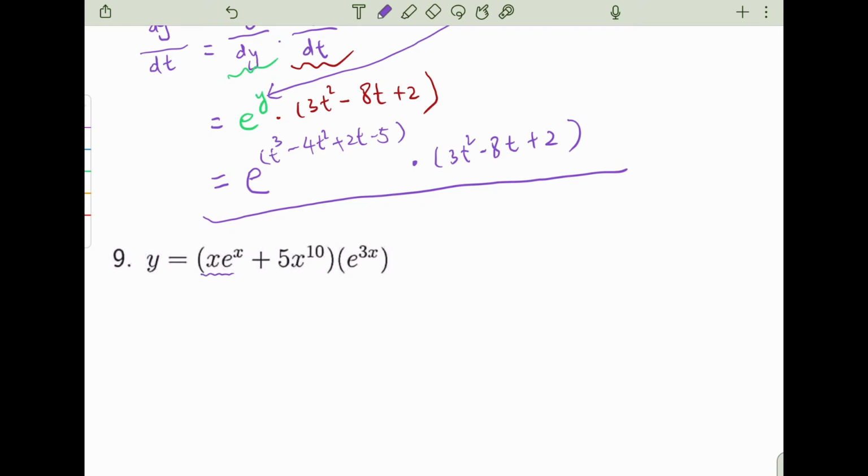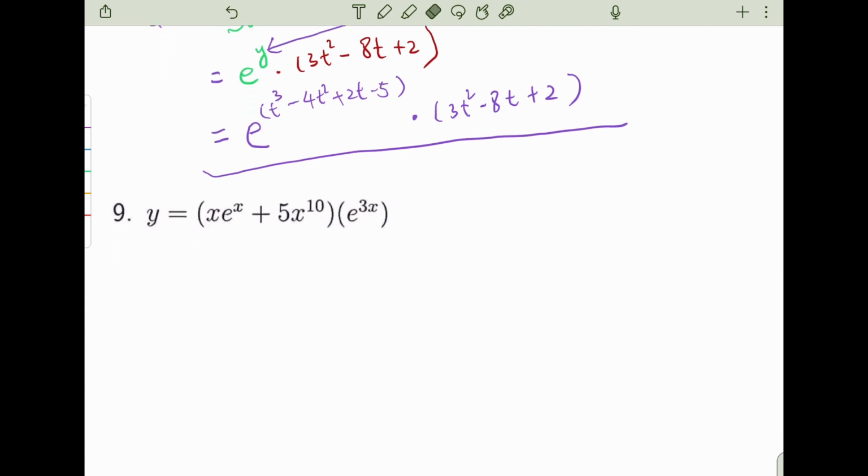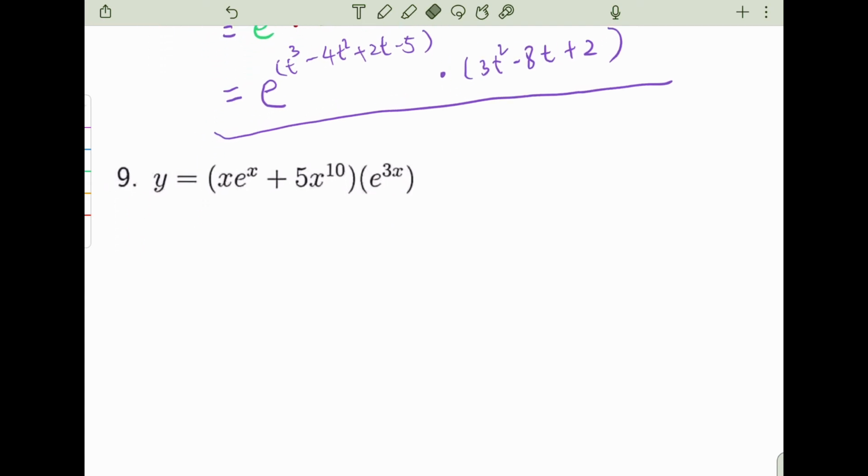So there is a product rule inside the product rule. And also, in another factor here, we will need to apply the chain rule for this function. So let's work them out separately first.